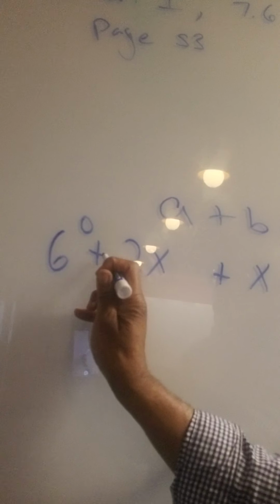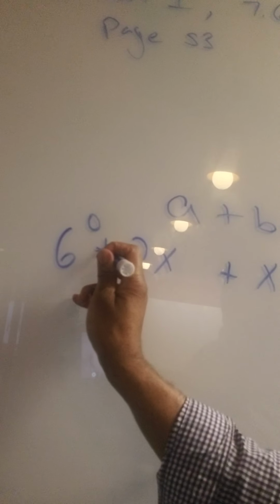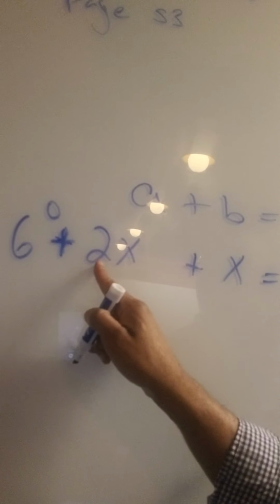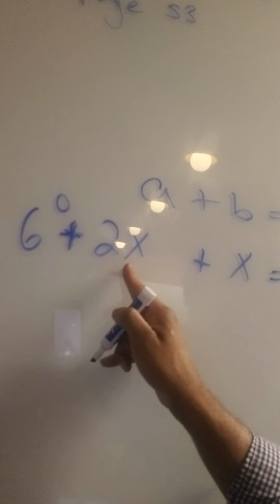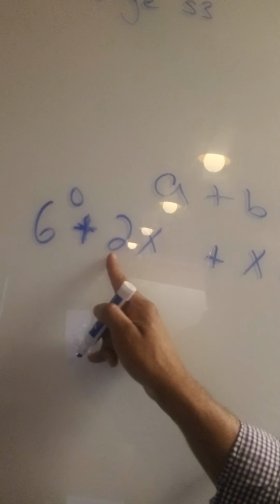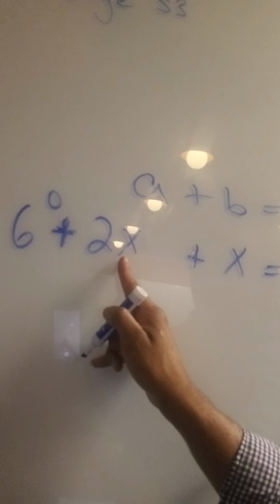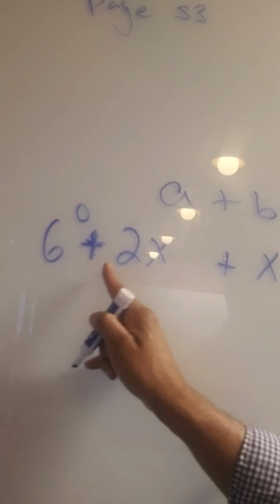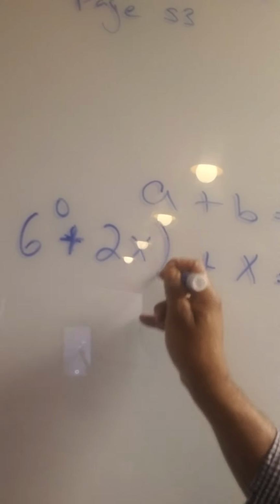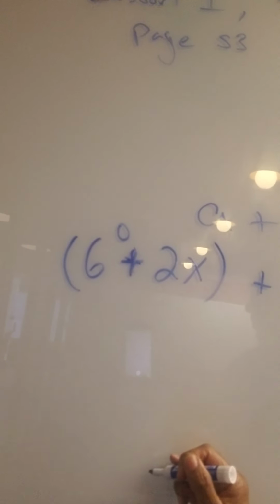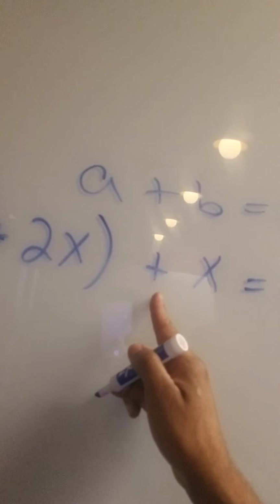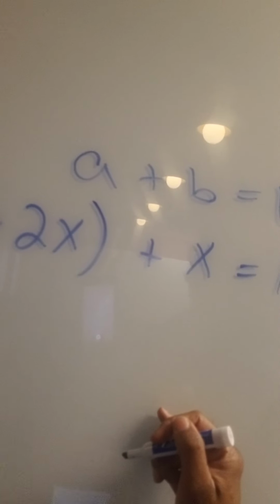So 6 degrees more means 6 degrees plus twice the angle. We don't know the angle. We called it x. But we know that twice the angle gives us one angle. So 6 degrees more than twice the angle gives us one angle. The other angle, we don't know it, so we just call it x.